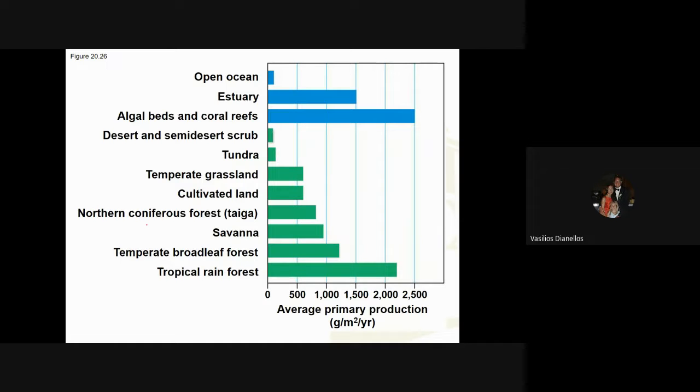In my other course, you might even need to know this. I might ask you, what would have more primary production, a tropical rainforest or a tundra? And hopefully you would remember, a tropical rainforest has much more. A tundra, as far as we're concerned, is basically a desert, but it's freezing. So as you can imagine, there's not much primary production going on there. Any questions so far?